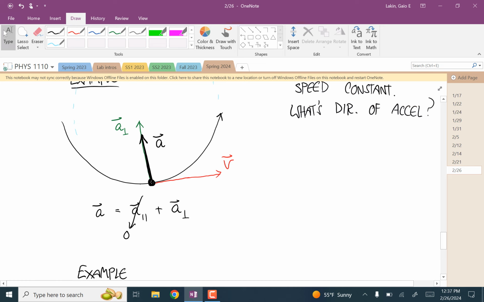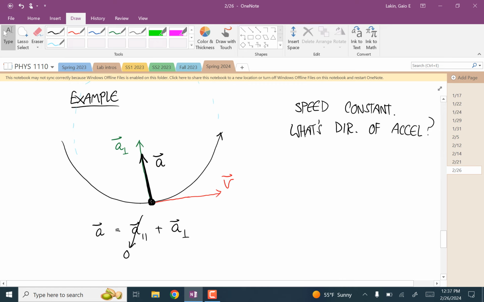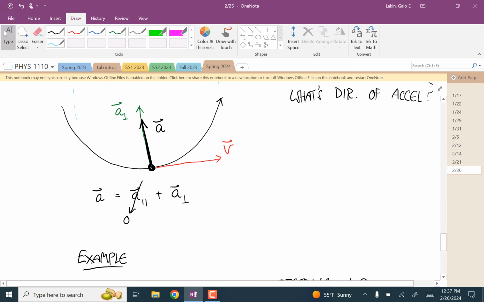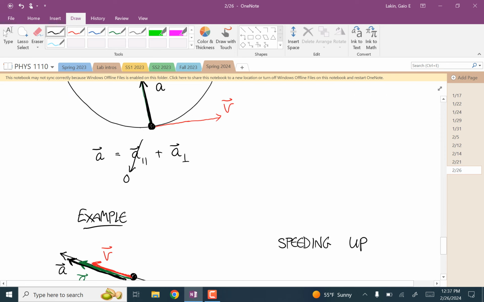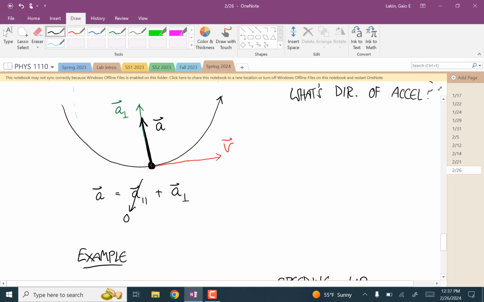One thing that's interesting about these two cases, the one where you're not changing speed and the one where you're not turning, is that since one of the two vectors that you're adding to get the total acceleration is 0, you actually know the exact direction of the acceleration anytime one of those two parts is 0.